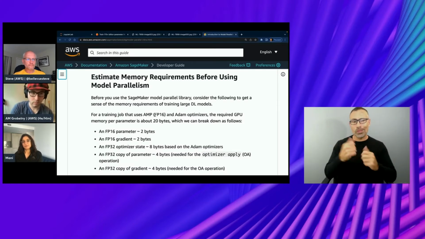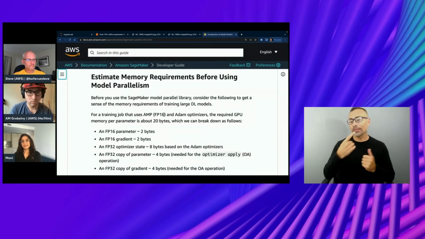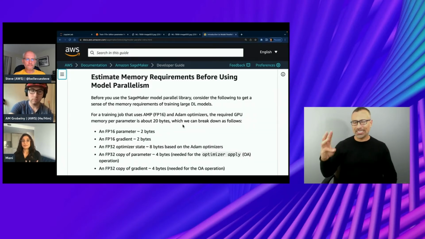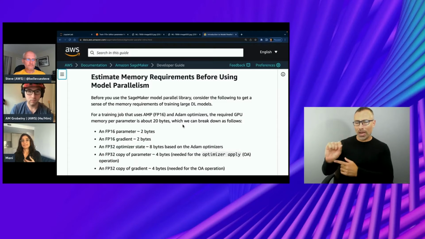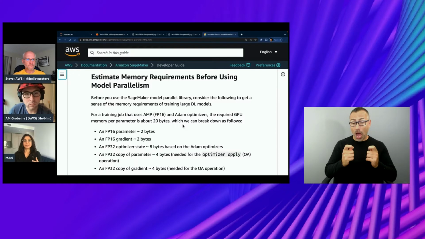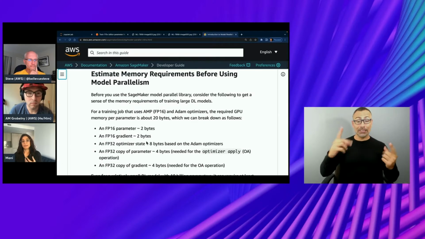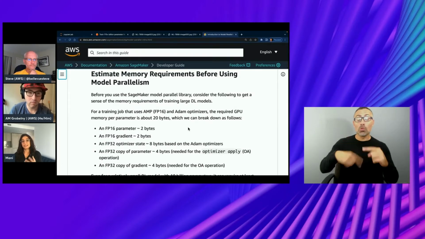So think of floating point 16 as taking 2 bytes to store, right? And if we are using Adam optimizers, then the required GPU memory per parameter is about 20 bytes. That's the whole calculation that has been done, but it's just an estimate when you're using this. So that gives a good idea.